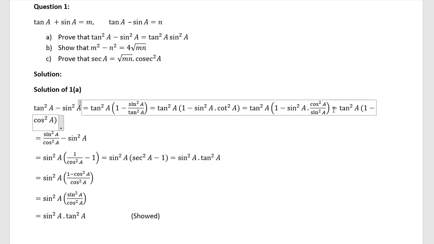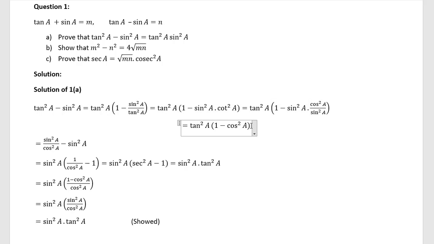And then you can write it like this, equal to tan square A into 1 minus cos square A is equal to sec square A. So this is another way of proving this.